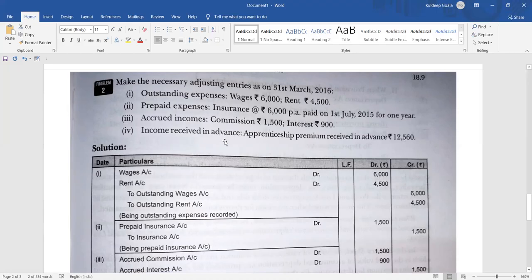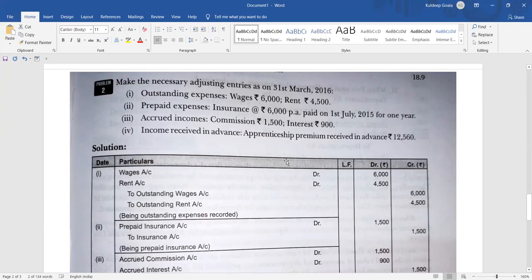Received in advance means we got it before time. If you receive any income before the time, that will be called your liability. So income received in advance will be our liability. It is also a representative personal account, not settled, right?